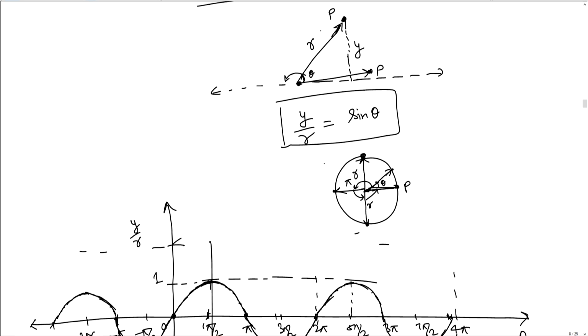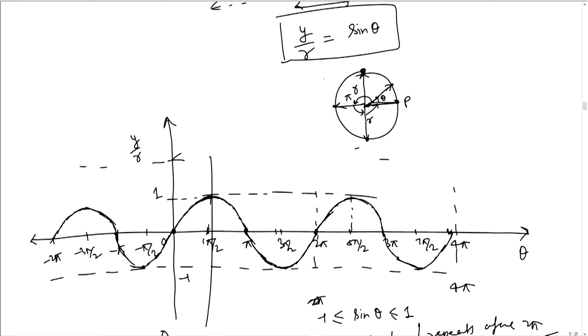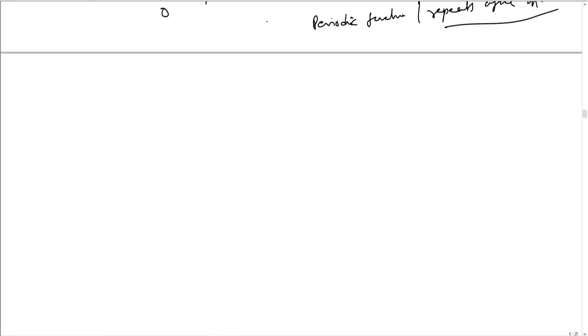But what if we want to calculate the distance of the point P, along this horizontal axis from the origin? Okay. So, let us say this is the fixed end of the ladder and the ladder is rotating, this is point P. So far we have been calculating the height y of point P from the ground.